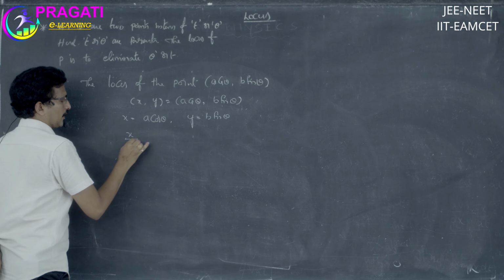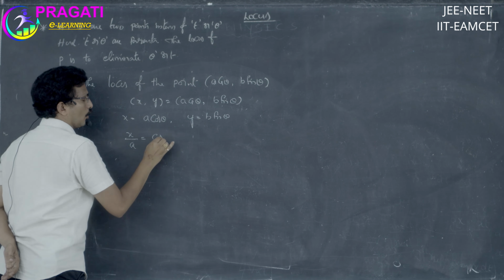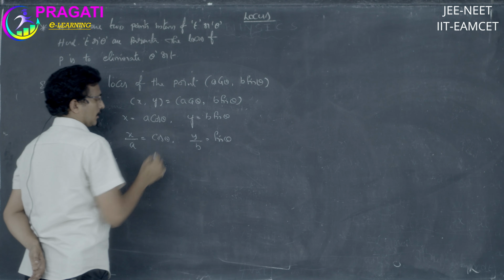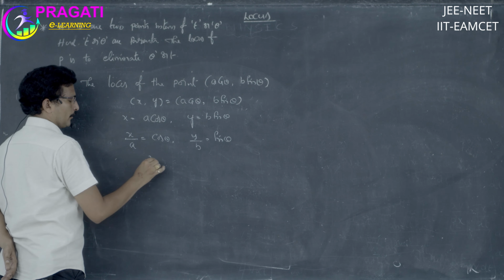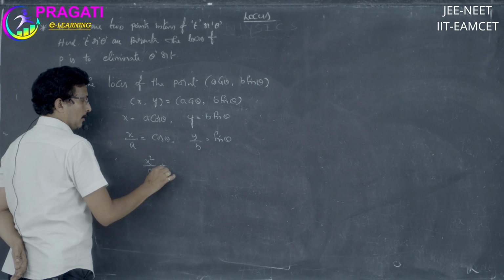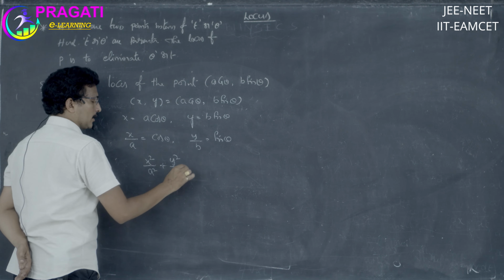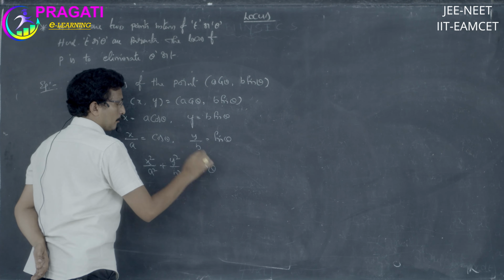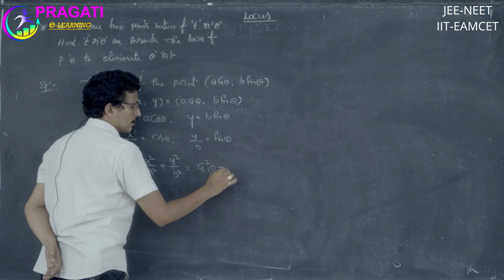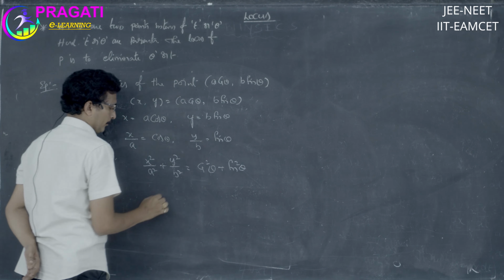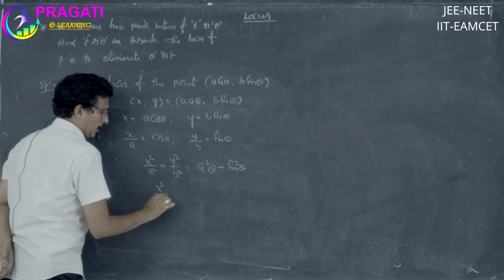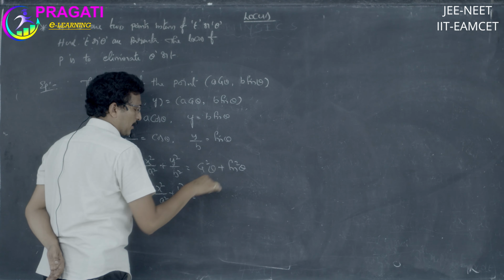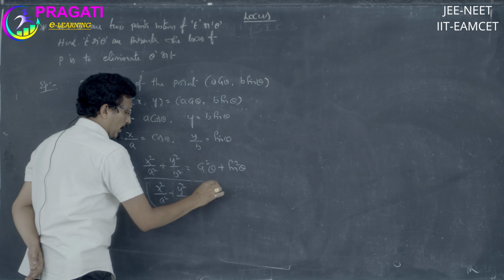On the right, x by a is equal to cos theta, y by b is equal to sin theta. Squaring and adding, x square by a square plus y square by b square is equal to cos square theta plus sin square theta, which is equal to 1.